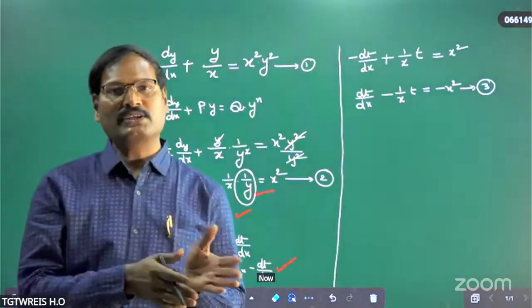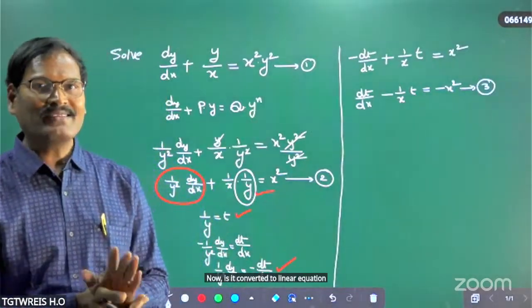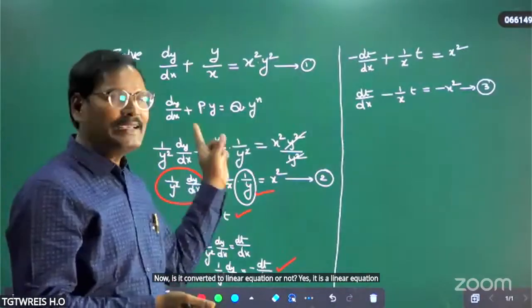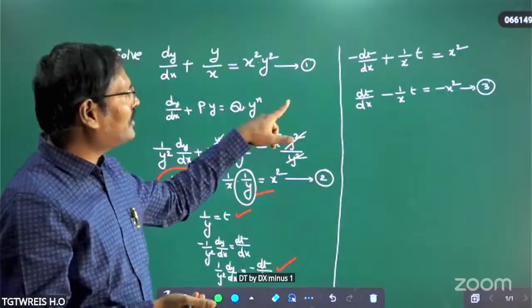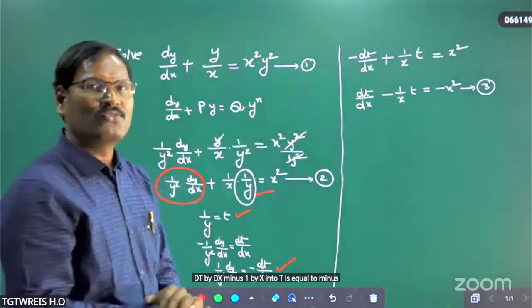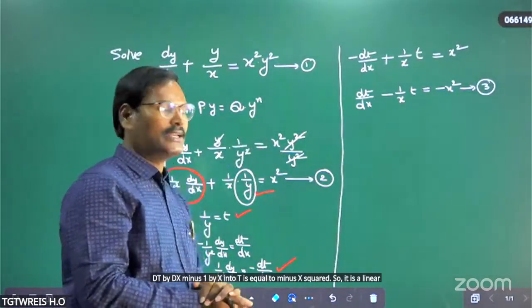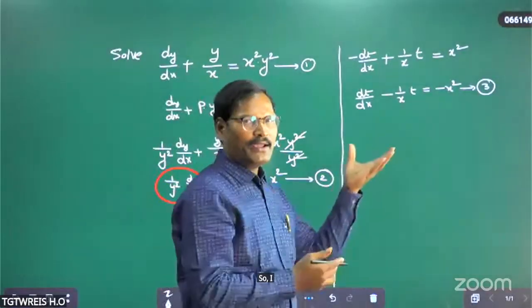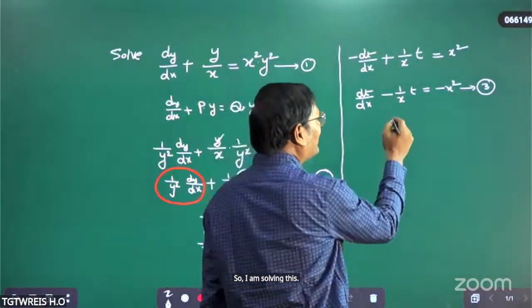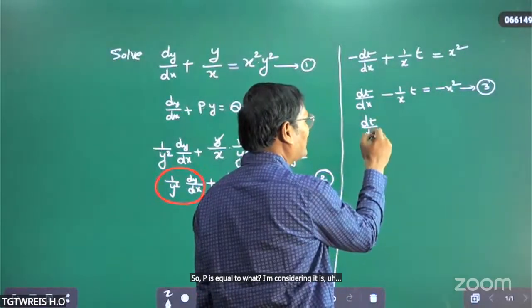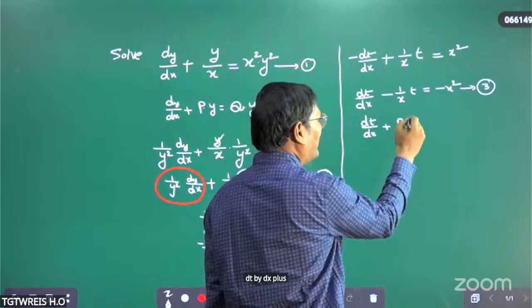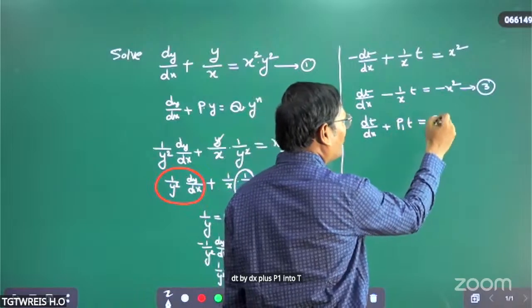Now, has it been converted to a linear equation or not? Yes, it is a linear equation in t: dt by dx minus 1 by x into t is equal to minus x square. I am considering it as dt by dx plus p1 into t is equal to q1.